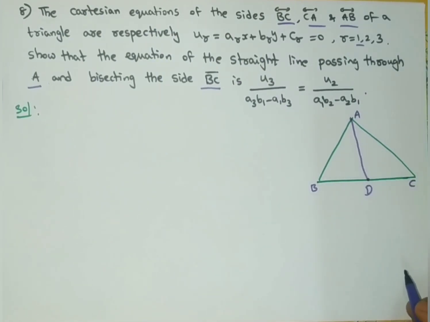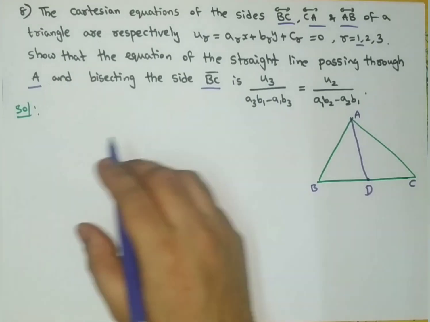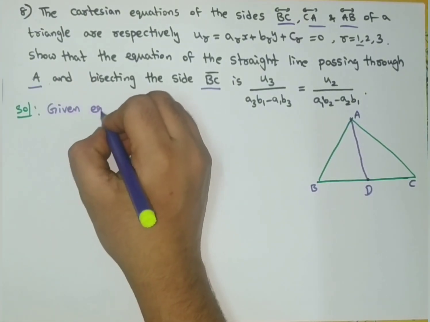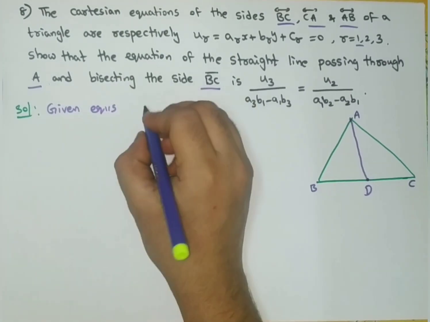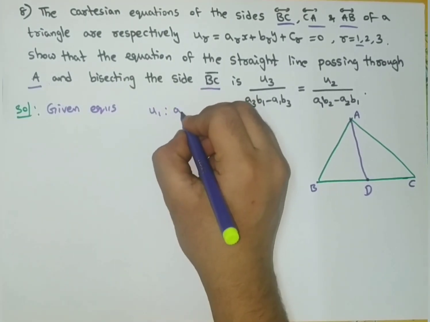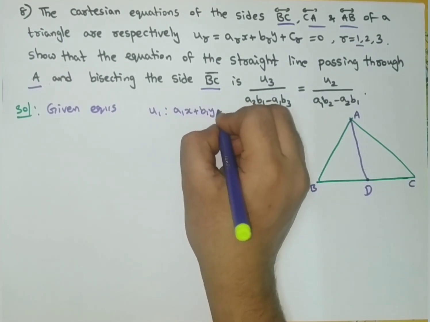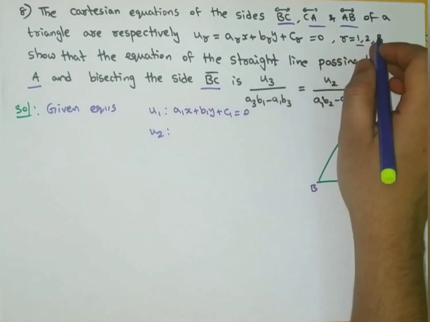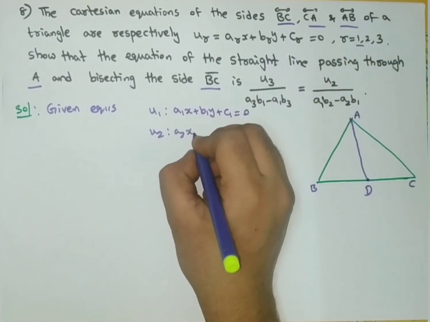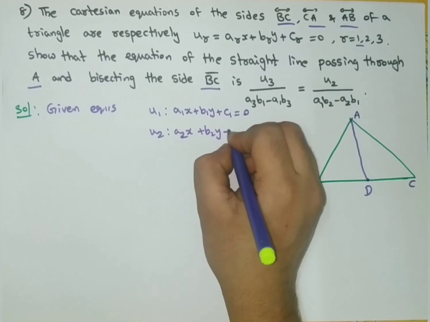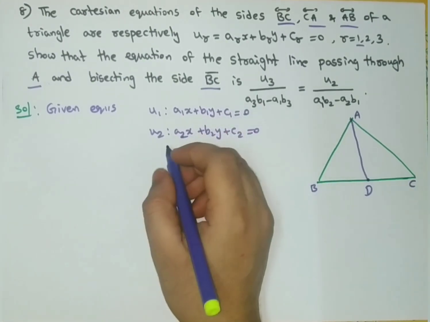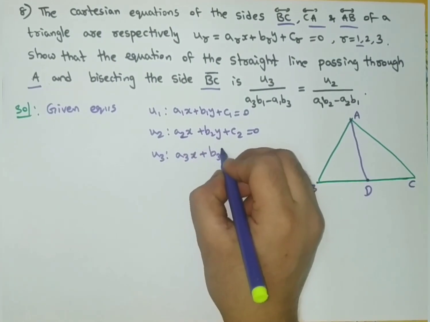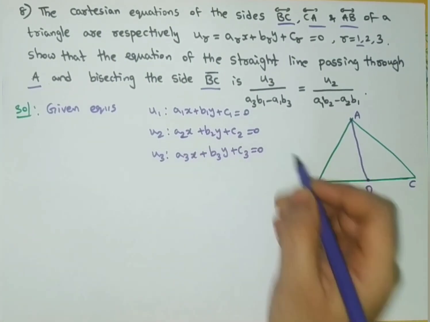AD line equation. First of all, write down the given equations: u1 = a1x + b1y + c1 = 0, u2 = a2x + b2y + c2 = 0, and u3 = a3x + b3y + c3 = 0.